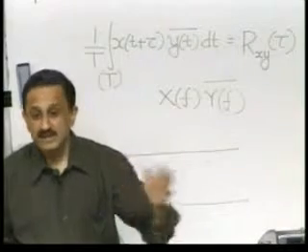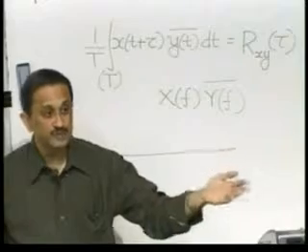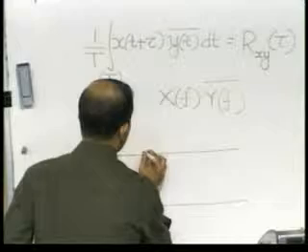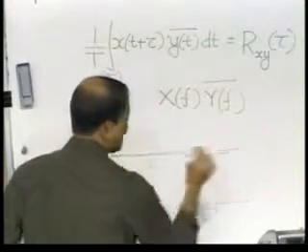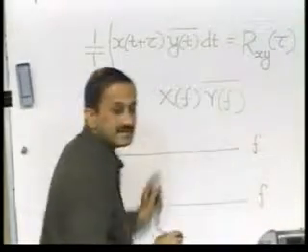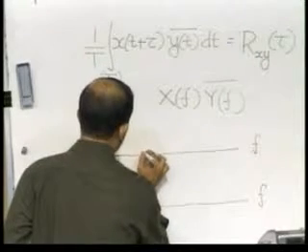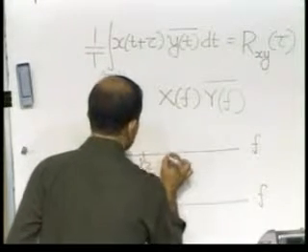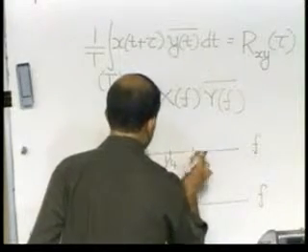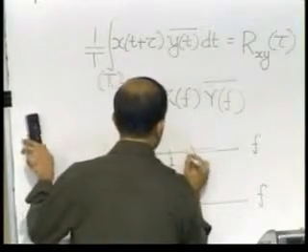For example, let's take an example. Suppose x has a period of 2 units and y, as I said, of 3 units. Then the frequencies that would be present in x would be at multiples of 1 by 2, so you would have 1 by 2, 1, 3 by 2 and so on.